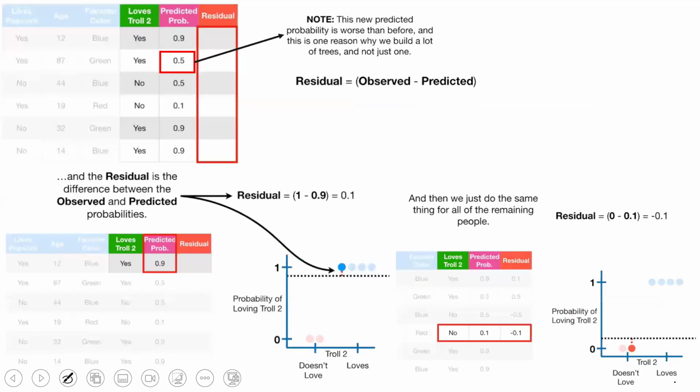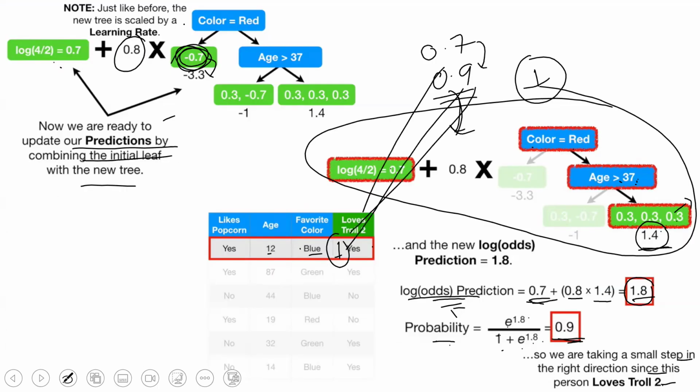In a similar way, I have calculated the predicted probabilities for all the samples. For the second sample, it is 0.7 plus 0.8 times the leaf value. Color is equal to red, false. This comes here. A is greater than 37, so it is true.